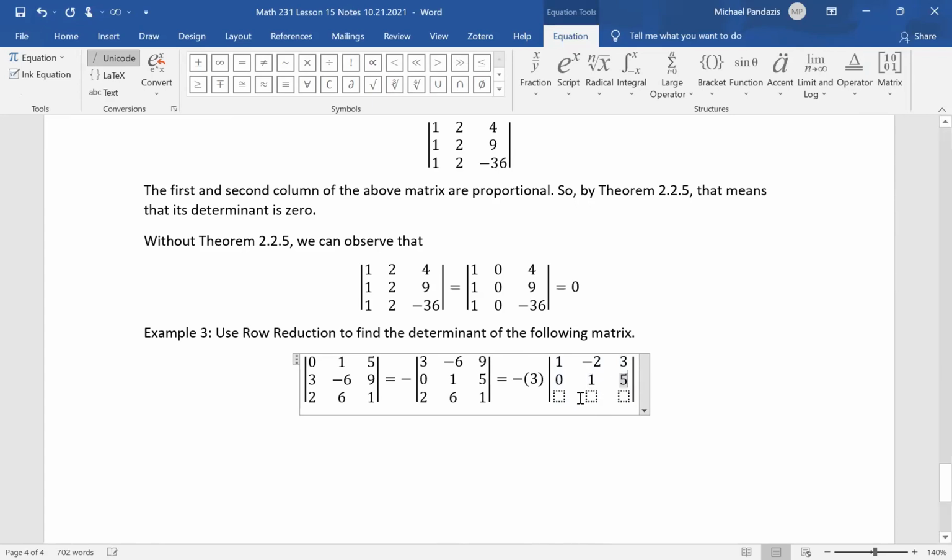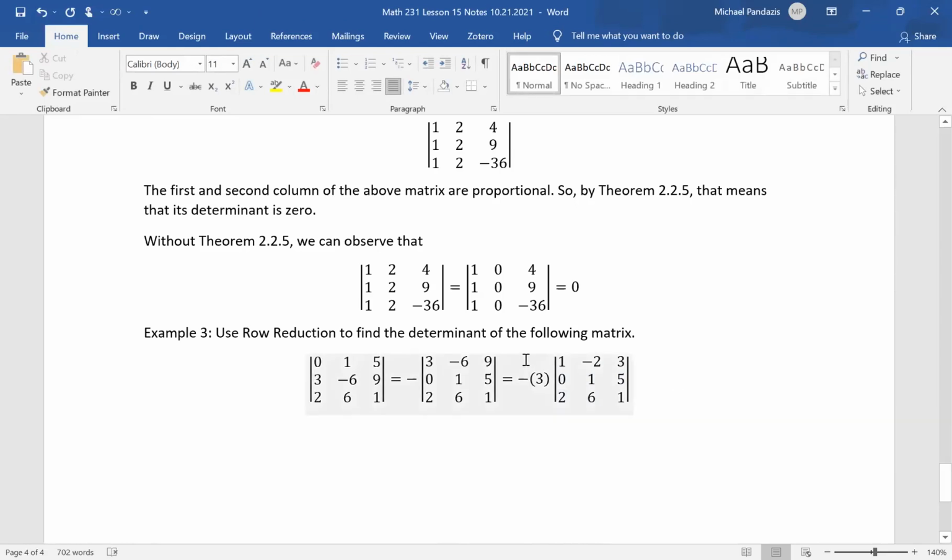So now you have 2, 6, 1. So remember, the effect of taking a matrix and multiplying one of its rows by 3 is that its determinant is 3 times the determinant of the original matrix. So the determinant of this matrix is 3 times the determinant of that one, and there's a negative sign in front. So it's the negative of 3 times the determinant of that matrix. Okay.